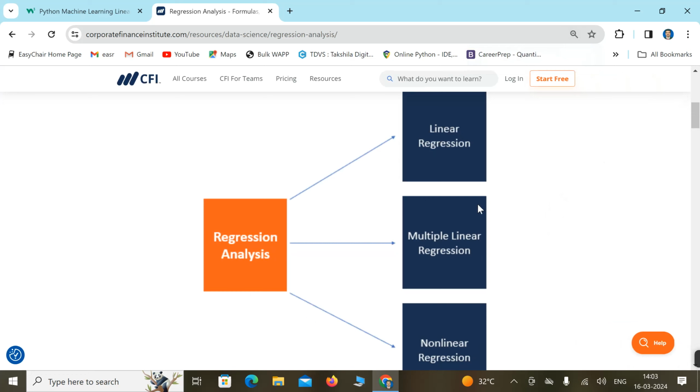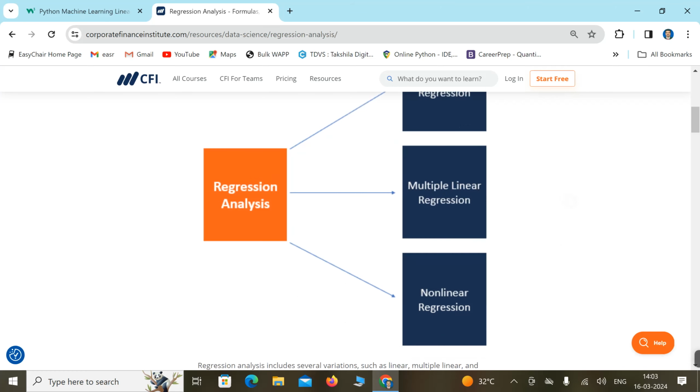Another one is called multiple regression, but strictly speaking, it is multiple linear regression. And the third one is non-linear regression. So these are the three categories of regression analysis.